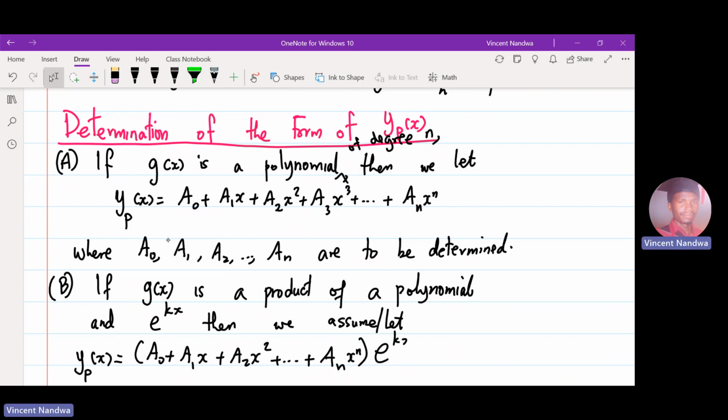Then you multiply each of these terms by the exponent term.